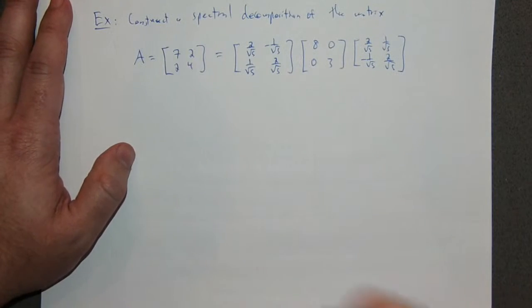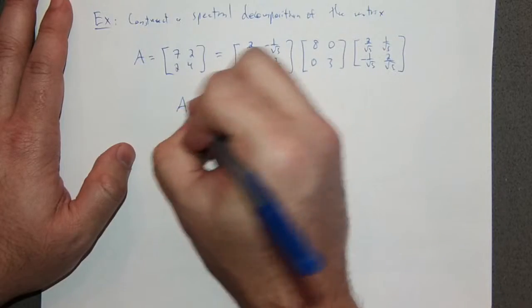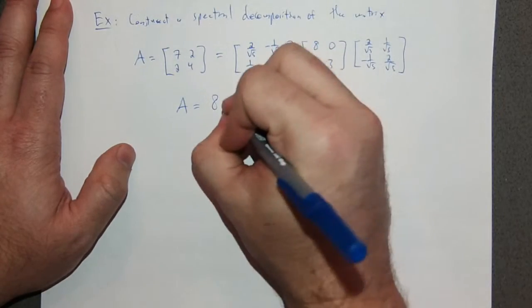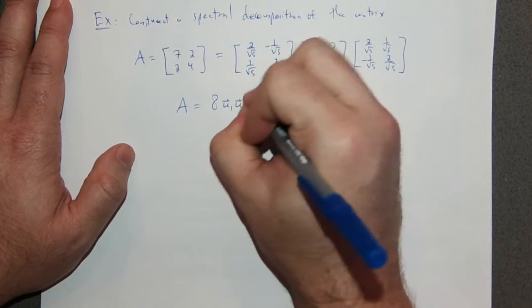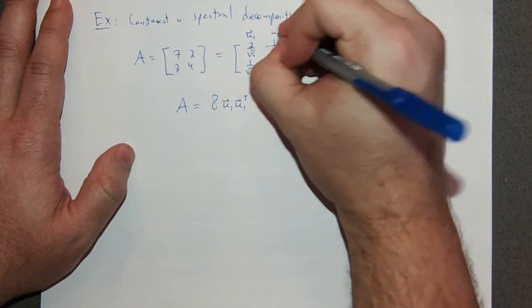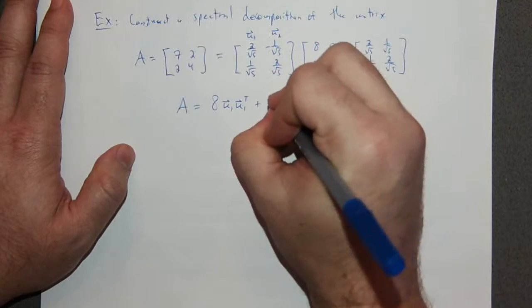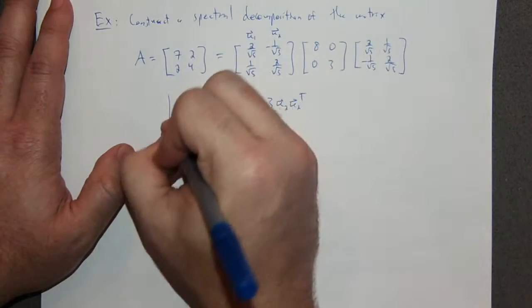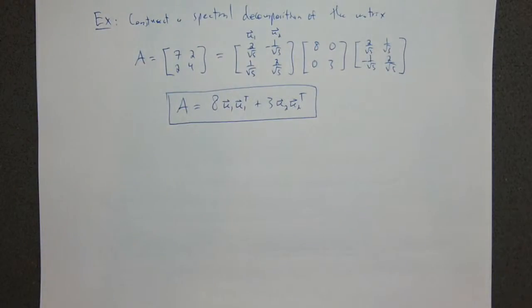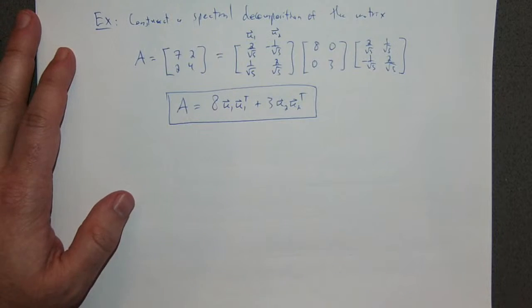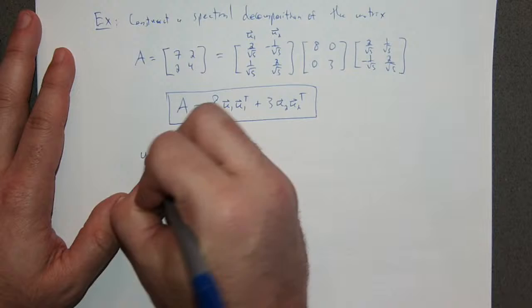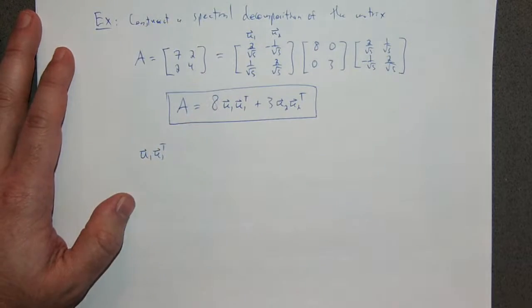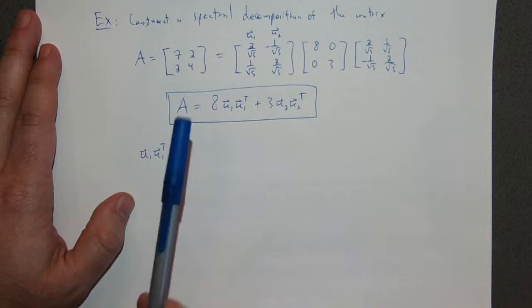If I already have this, the spectral decomposition, of course, is 8 U1 U1 transpose, where here's U1 and here's U2, plus 3 U2 U2 transpose. That's easy enough. But to actually see how this works, let's compute U1 U1 transpose using our row-column rule.